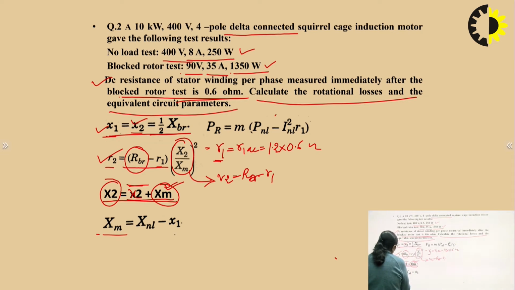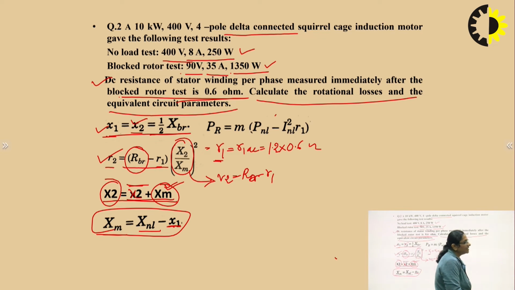Then comes the Xm. Xm is XNL minus X1. X1 is obtained from the blocked rotor test data calculation. X1 is the stator winding leakage reactance, and XNL is the no load reactance. The no load reactance is calculated from the no load test data of the machine, right?